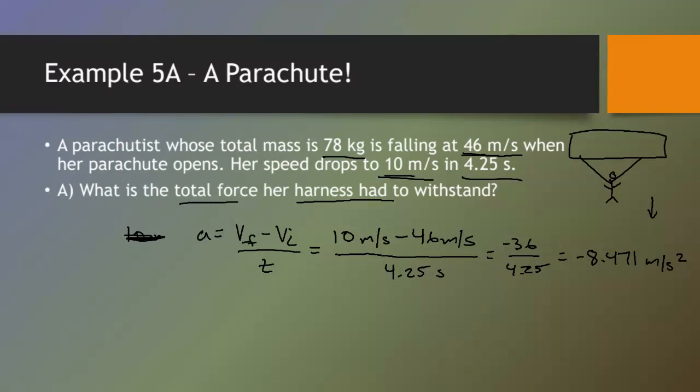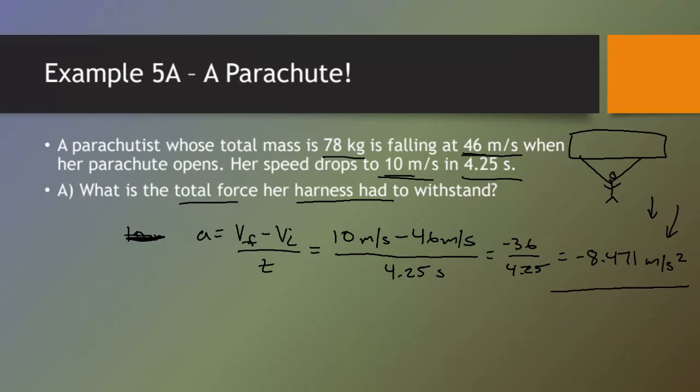So not only does the parachute have to pull back on the person enough to accelerate her at negative 8.471 meters per second squared to slow her down that much, the parachute also has to account for gravity.